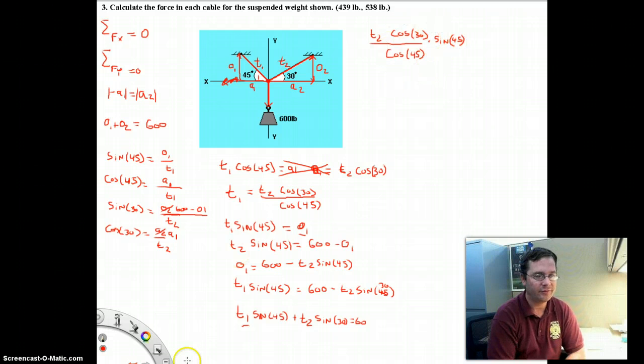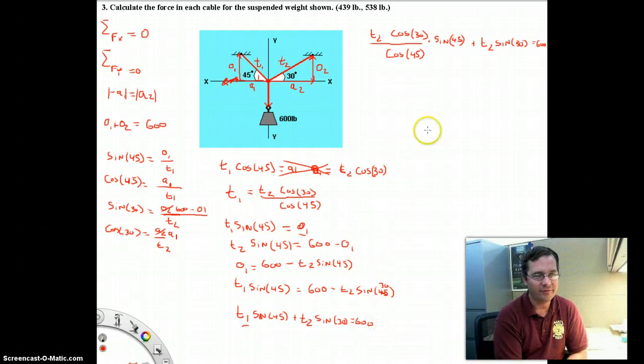This whole thing here, just replace this first term, plus T2 sine of 30 equals 600. So you'll notice that the place that I've gotten to now through some kind of clever parlor tricks is I have an equation that has only one variable in it now, which is T2. Everything else in this is constant, right? Cosine 30 is a constant. Cosine 45, sine 45, sine 30. They're all constants, and 600 is a constant.